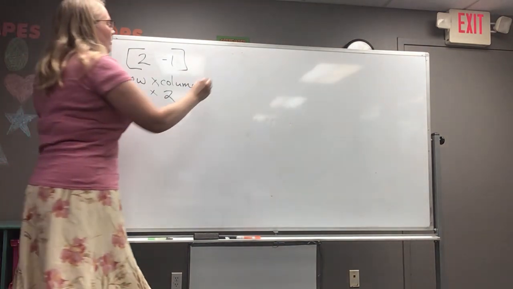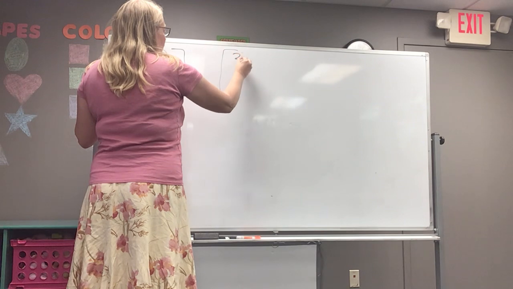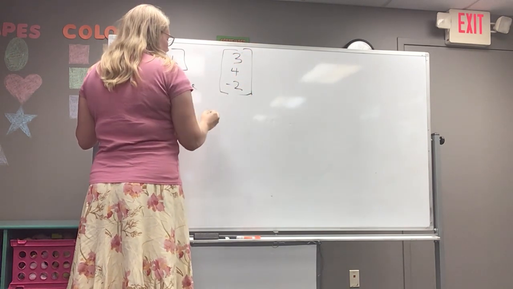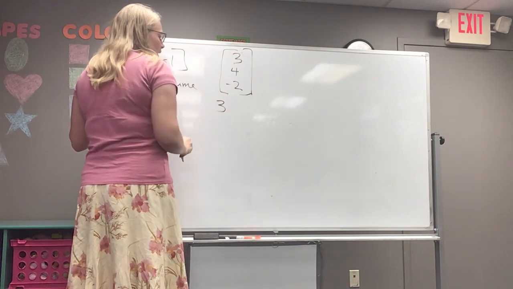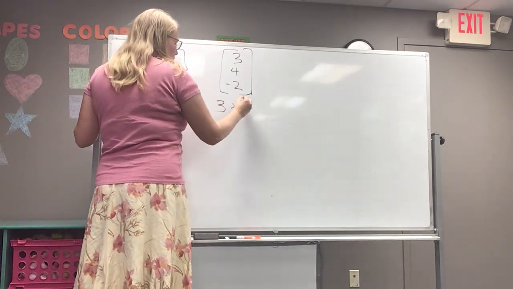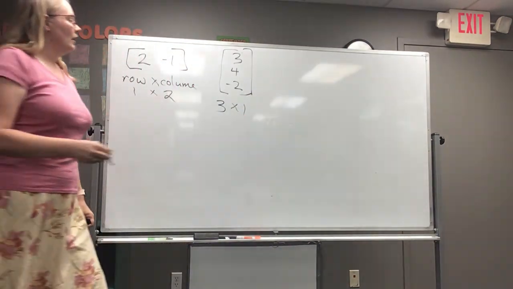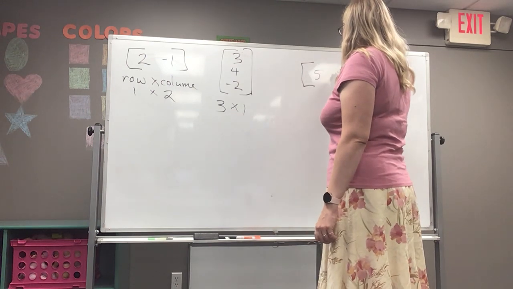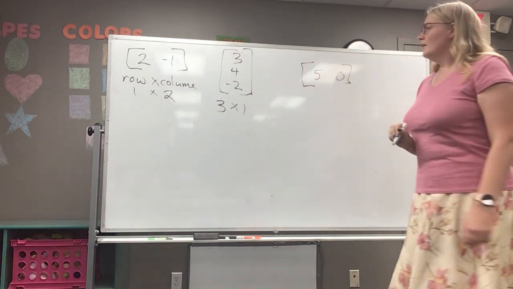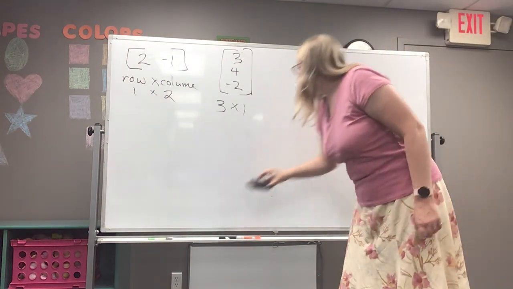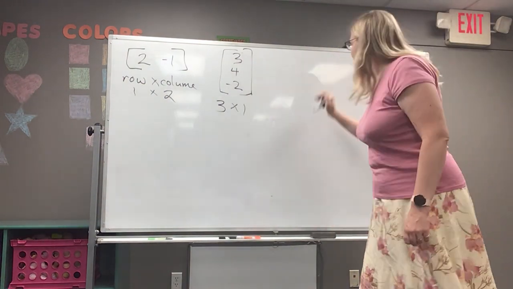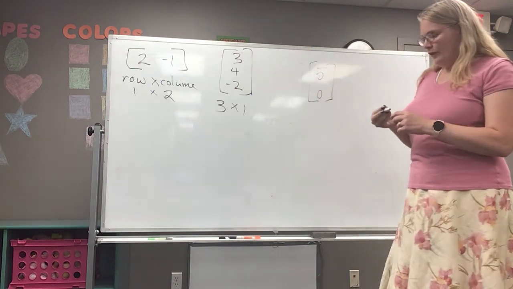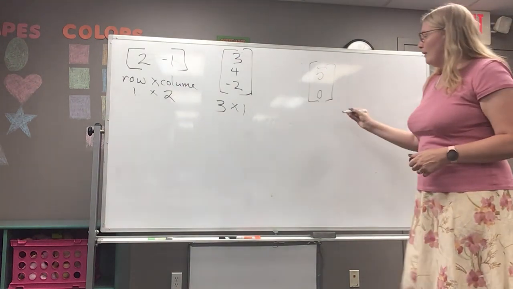If I have another matrix that is 3, 4, and -2, this is a 3 row by 1 column. And this one is 2 row by 1 column.